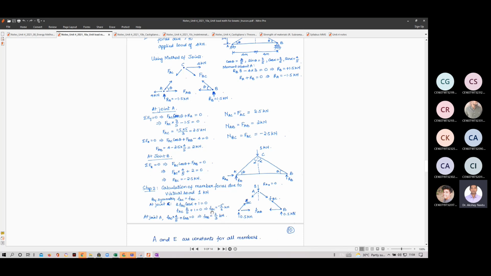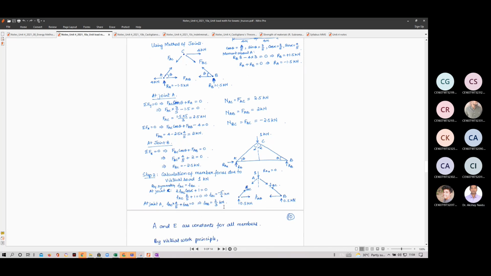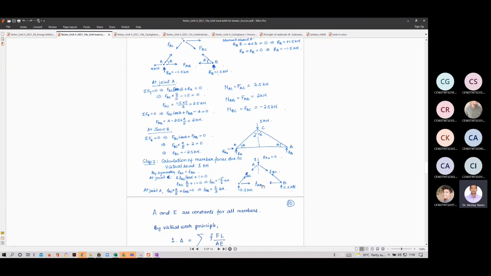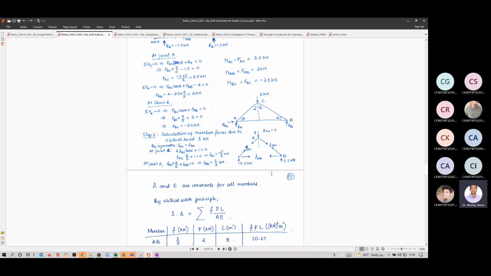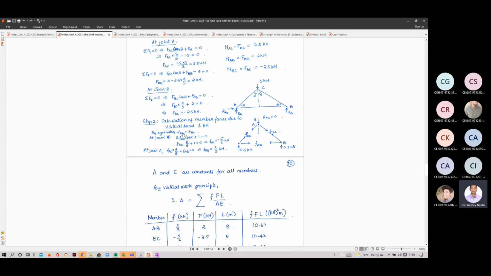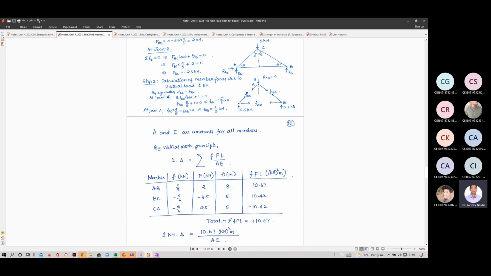So small f AC is minus 5 by 6, small f AB is 2 by 3, and one more. FAB, FAC, and FBC will also be the same. By symmetry, FAC is equal to FBC.